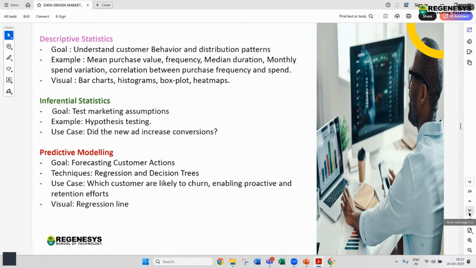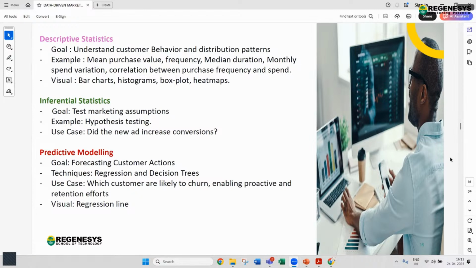On an average, what is the purchase value? If you want to know all these things, we make use of descriptive statistics. For visualization under descriptive statistics, we can make use of bar charts, histograms, box plots, and heat maps. When you visualize the data, it becomes easy for us to understand where changes or improvement are needed, and we can go ahead.